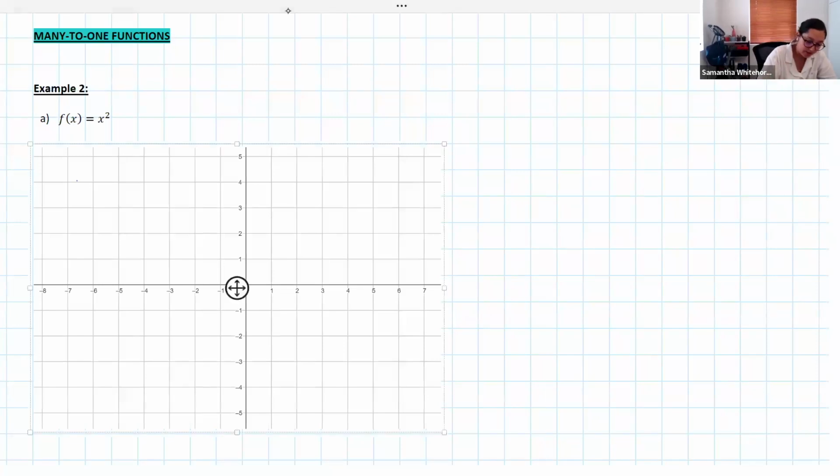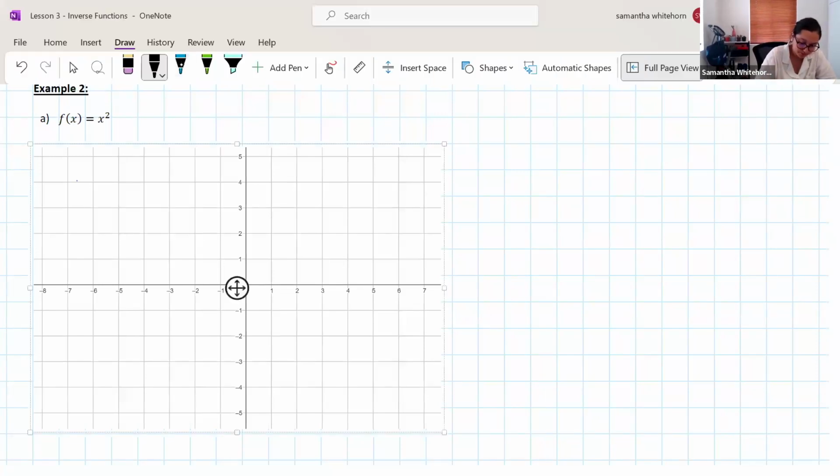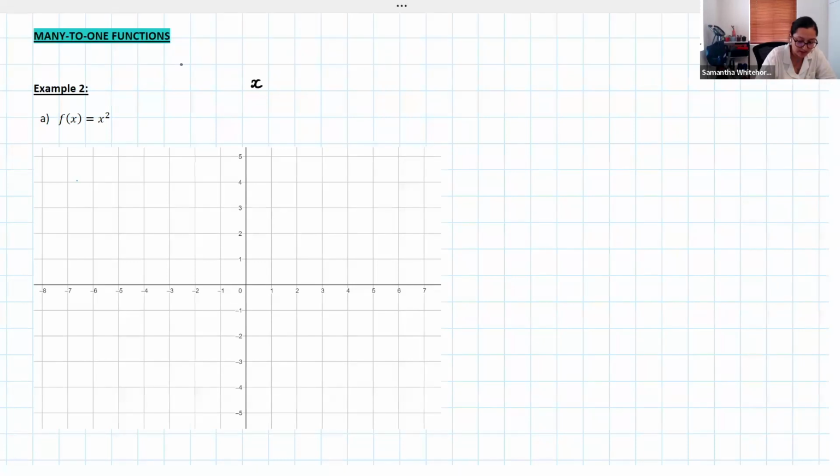When I say the table method, what I mean is you're going to have x and y, so your inputs and your outputs. I would say pick 3 x values. I would always pick 0, a negative, say -2, and a positive. Because I know a parabola is symmetrical, I've just gone -2 and 2. Really it doesn't matter, pick any x values.